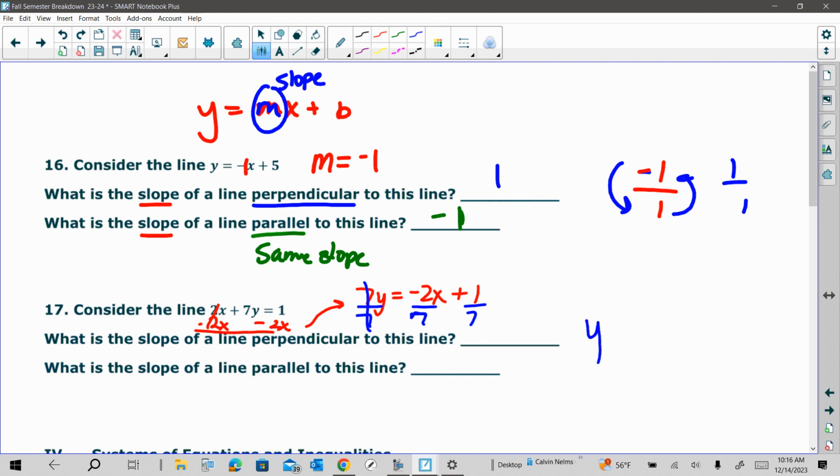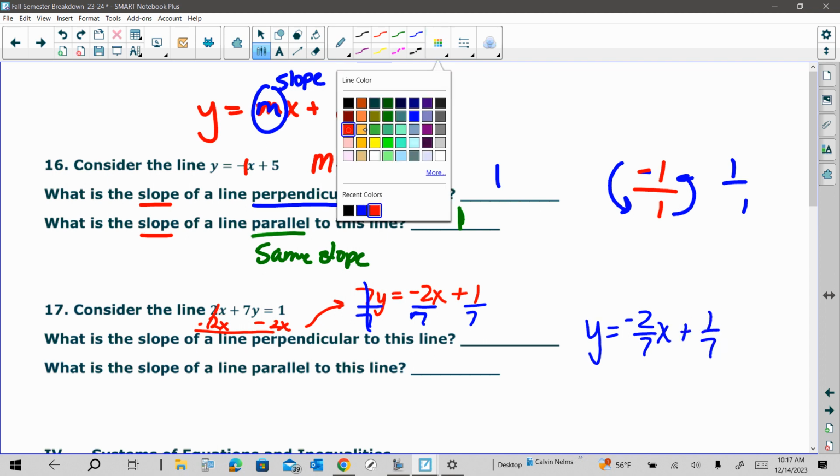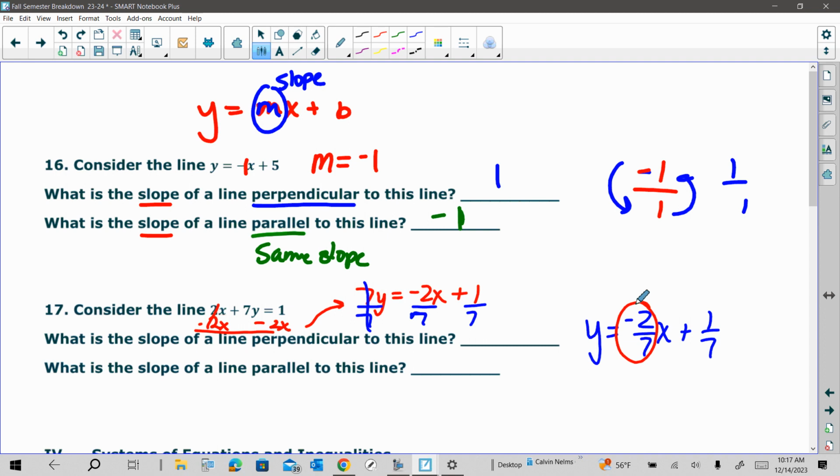So the equation is negative 2/7 x plus 1/7. The slope is just the number in front of x. So the perpendicular would be 7 over 2, and the parallel is the same number, negative 2 over 7.